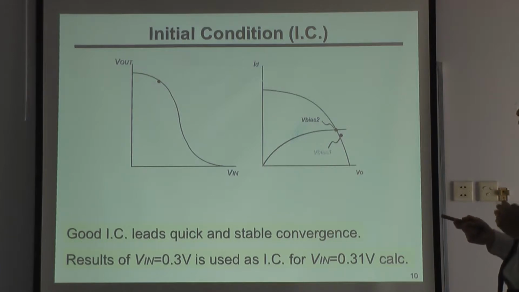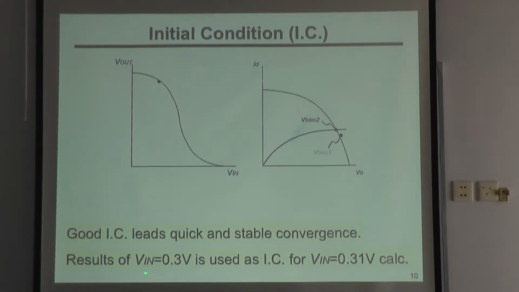So for example, we have inverters and we want to obtain these inverter curves. We want to sweep the input voltage and calculate its output voltage. In this case, for example, the input is 0.3, and we have this point. And in order to get this curve, we want to sweep the input voltage.